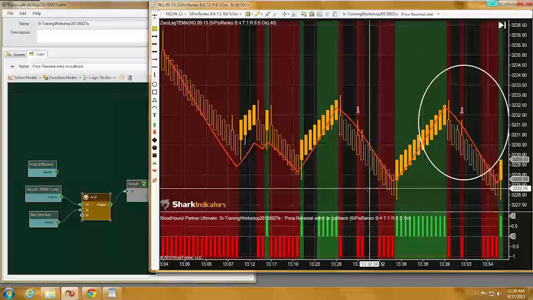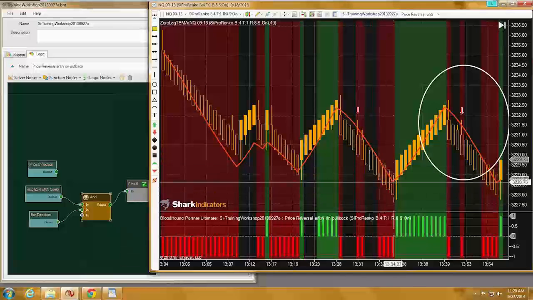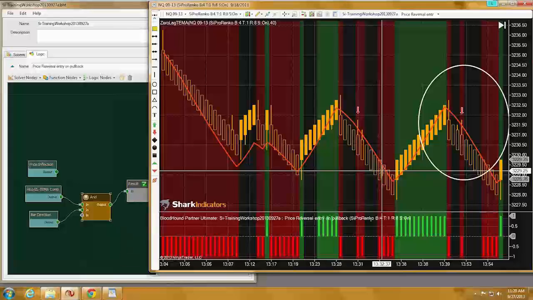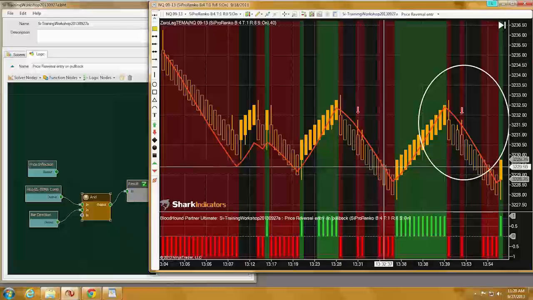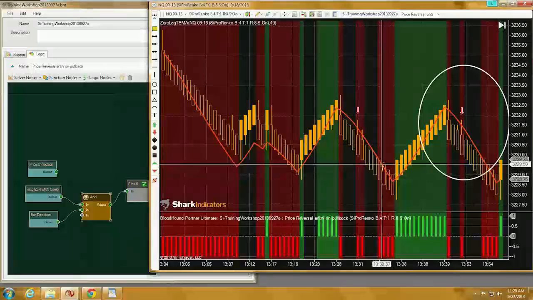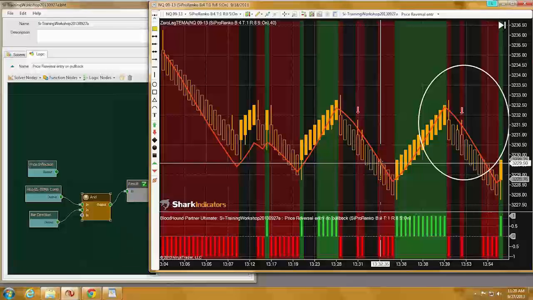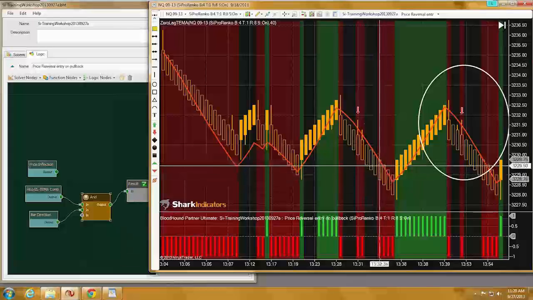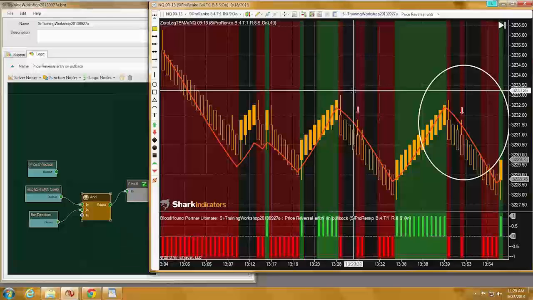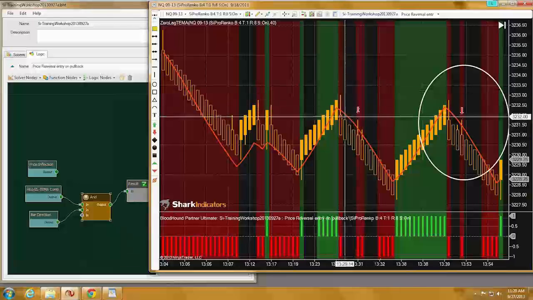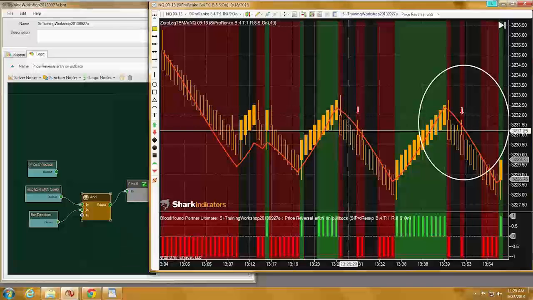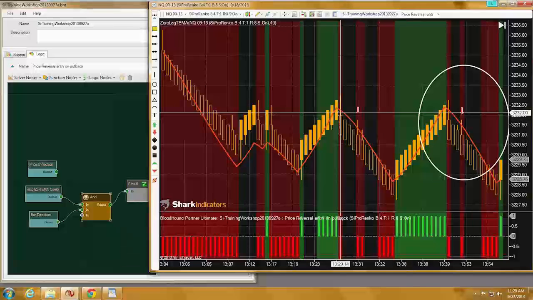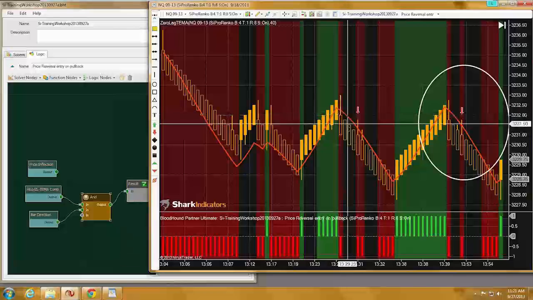And let's see, next I need to eliminate these short signals here. What I'm noticing is that these bars do not have wicks on them. So let's see. Actually, I think this will become a moot point, because the way I would do this is that I would want to get an entry signal within a few bars after price reverses.